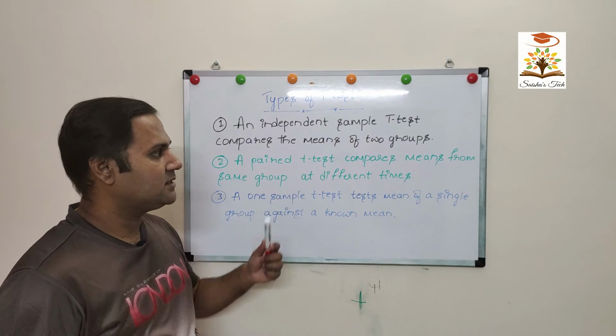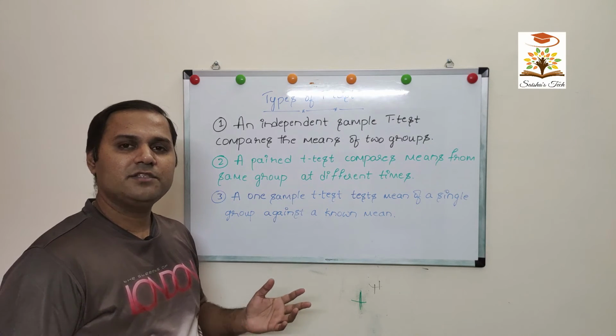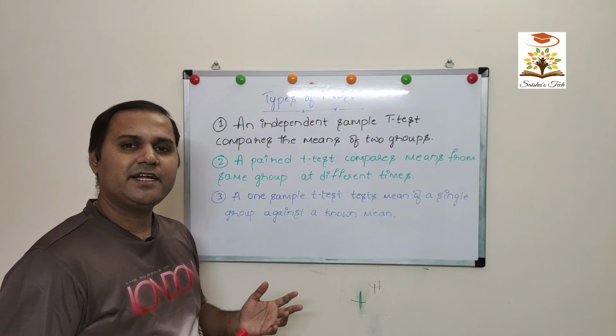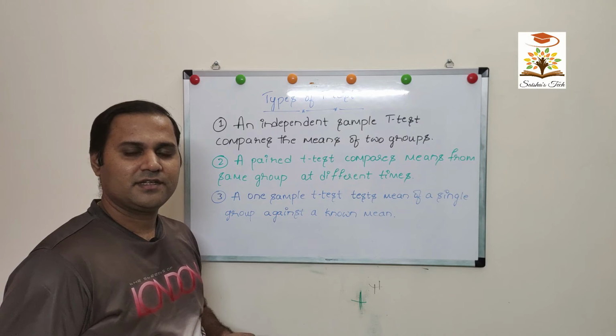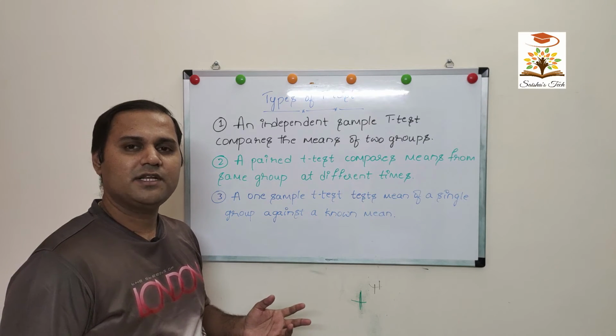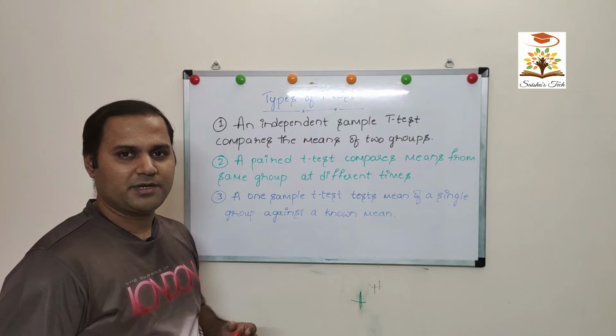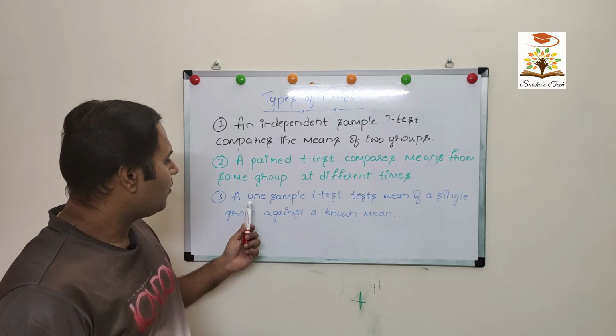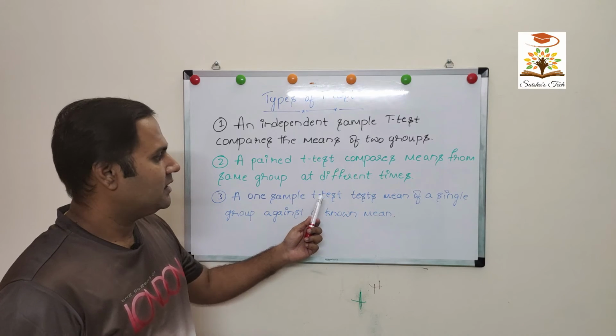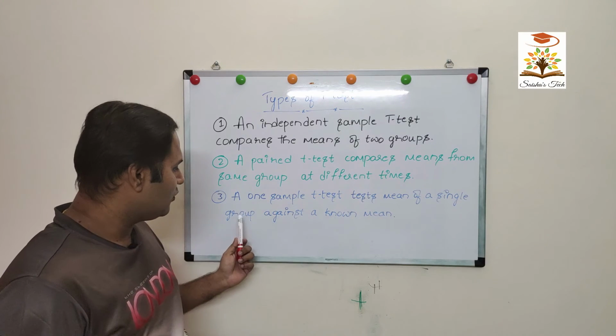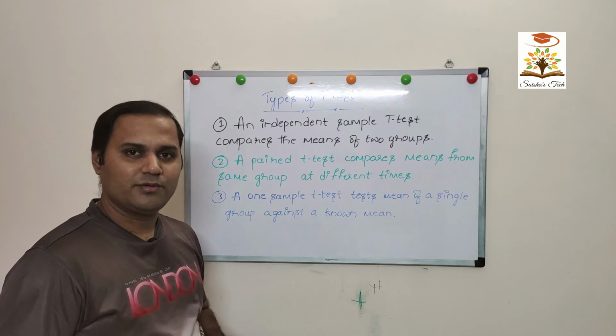A paired t-test compares means of the same group at different time intervals. For example, the time interval might be weekly, yearly, or a decade separated. The one sample t-test tests the mean of a single group against a known mean.